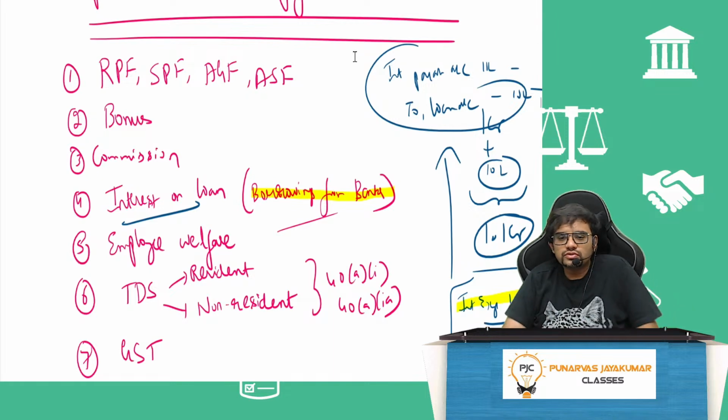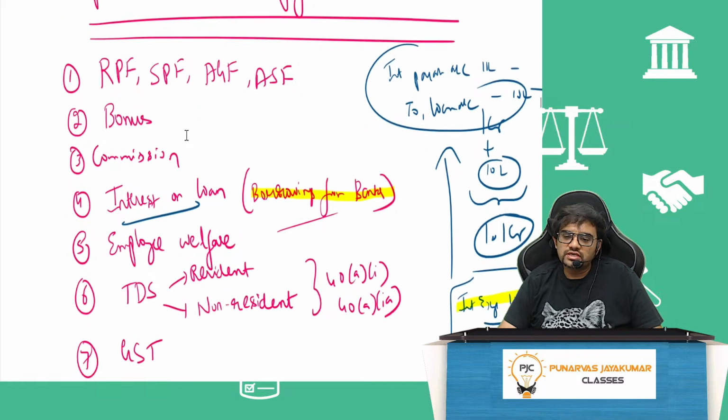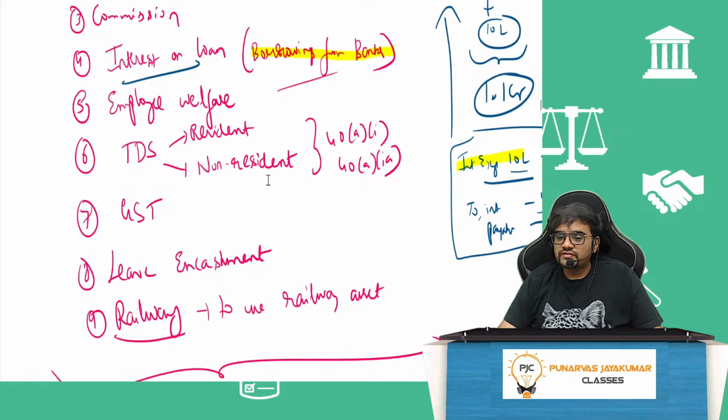Employees' contribution to recognized provident fund, statutory provident fund, bonus, commission, interest on loan, borrowing only from banks, I told you. Employee welfare, TDS, we just saw now, 40(a)(i), 40(a)(ia), GST, leave encashment, railway, to use the railway assets. Like if I hire a small shop in the Indian Railways to sell some stuff, that rent.